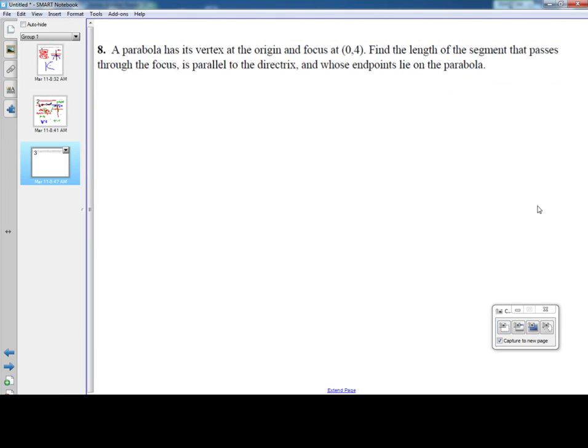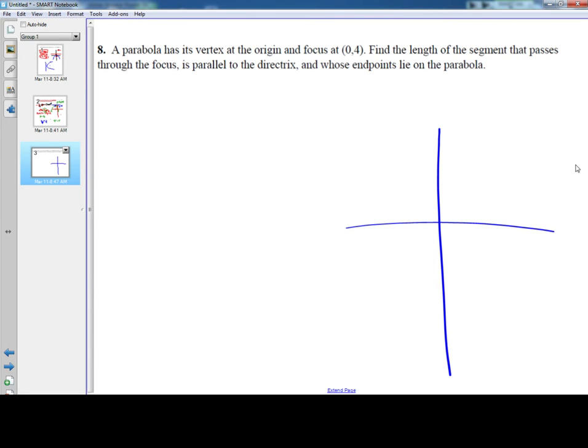So, let's see here. What's this one saying? I never got to do one of these yet, so I'm excited. A parabola has its vertex at the origin, which is 0, 0, and the focus is at 0, 4. 1, 2, 3, 4.